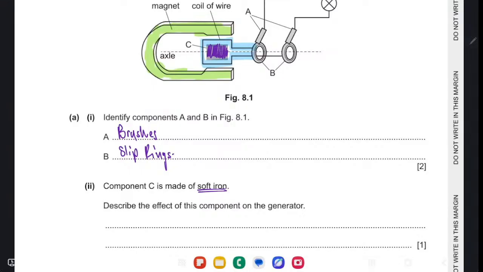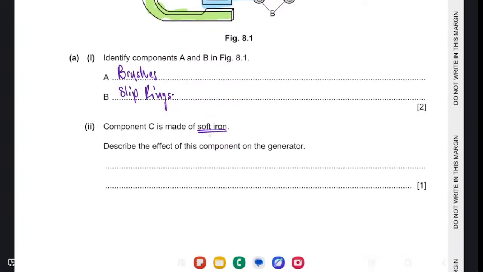It is made out of iron. What is it, this thing in purple? It is there to make the magnetic field strong, to link your field, to make it stronger. So what they said, describe the effect of this component on the generator.